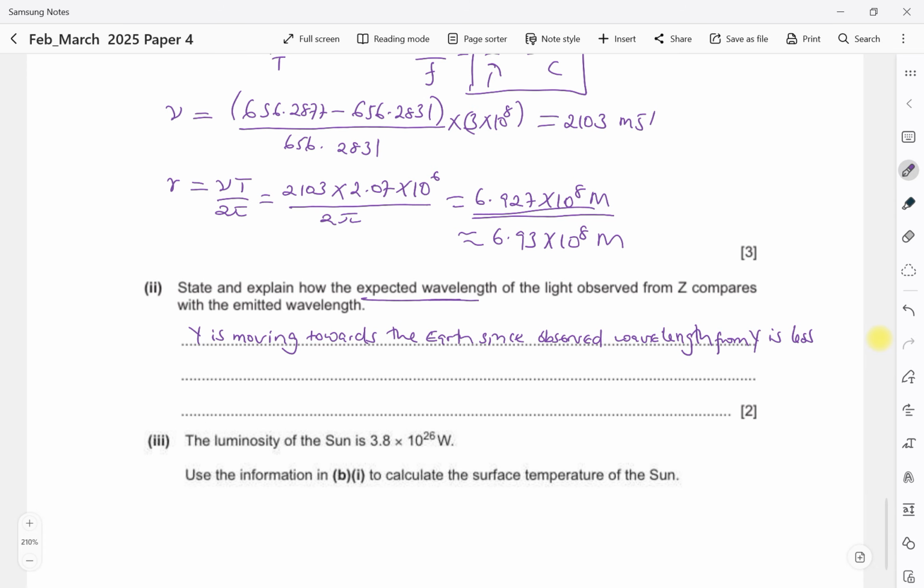The observed wavelength from Y is less, so it means Y is moving towards the Earth.